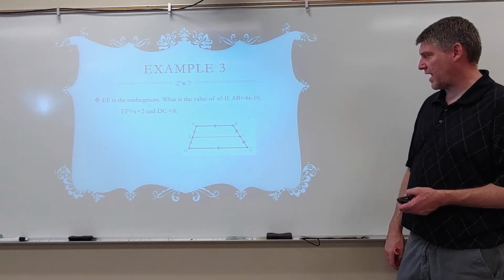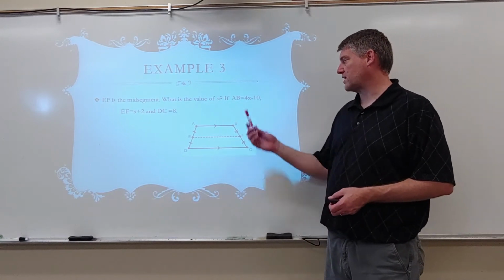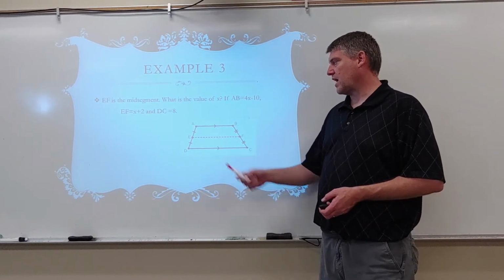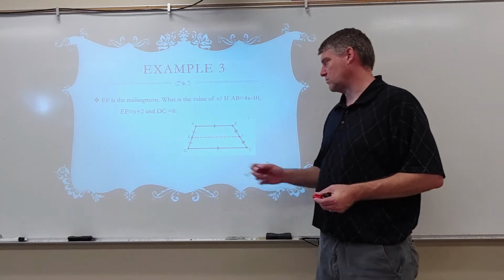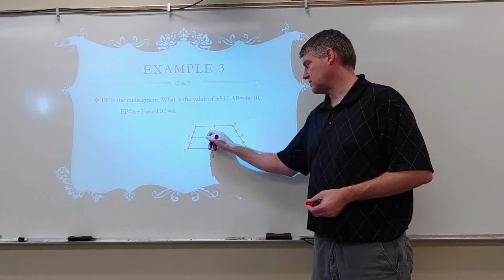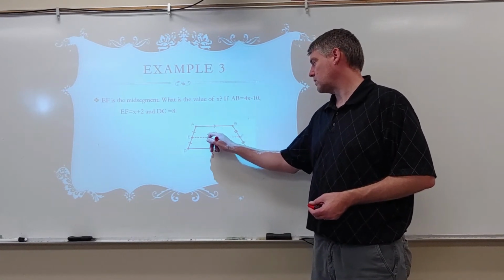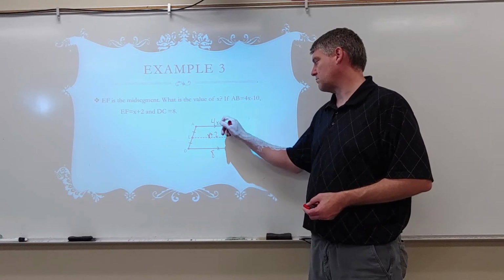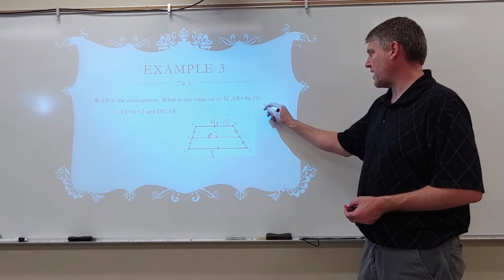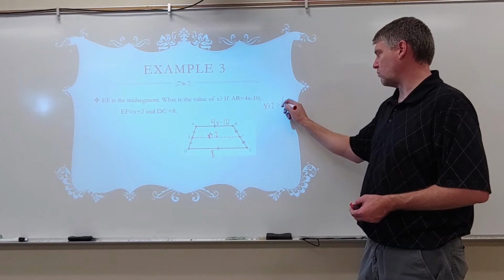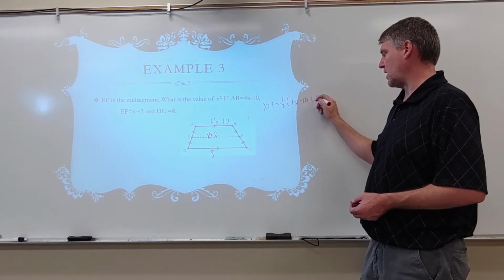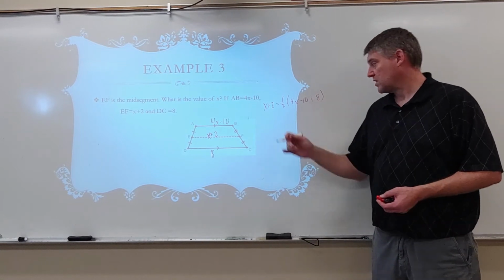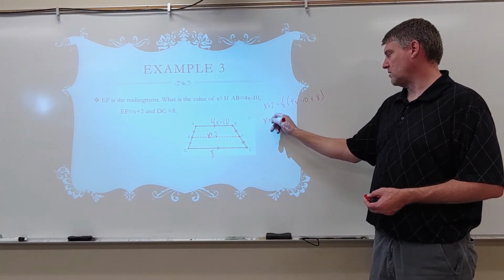What is the value of x if AB equals 4x minus 10, EF equals x plus 2, and DC equals 8? So this is 8. This is x plus 2, and this is 4x minus 10. Well, we know that x plus 2 equals 1/2 of (4x minus 10 plus 8). So I'm going to do a little simplifying here.